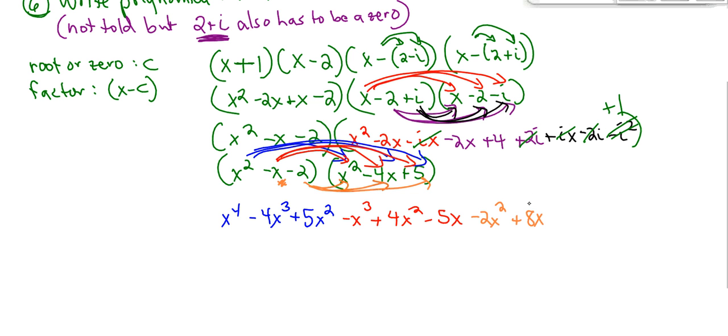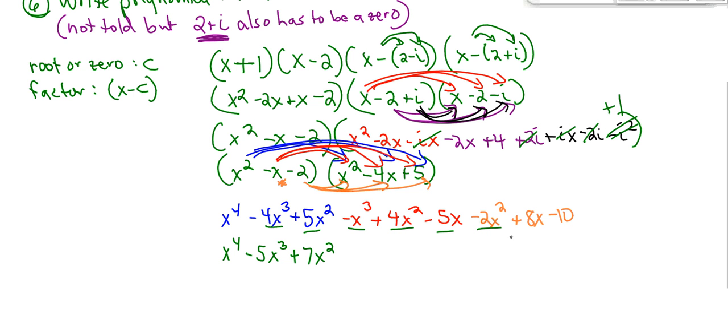and minus 10. And then we'll just combine up all of our like terms, and we get x to the fourth. That's the only fourth one. And then minus 4x to the third minus 1x to the third is minus 5x to the third. 5x squared plus 4x squared is 9, minus 2 is 7, so plus 7x squared. And then the x is minus 5.